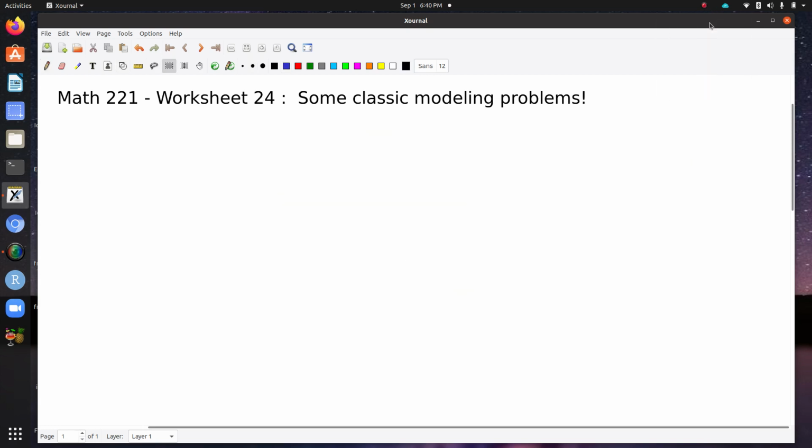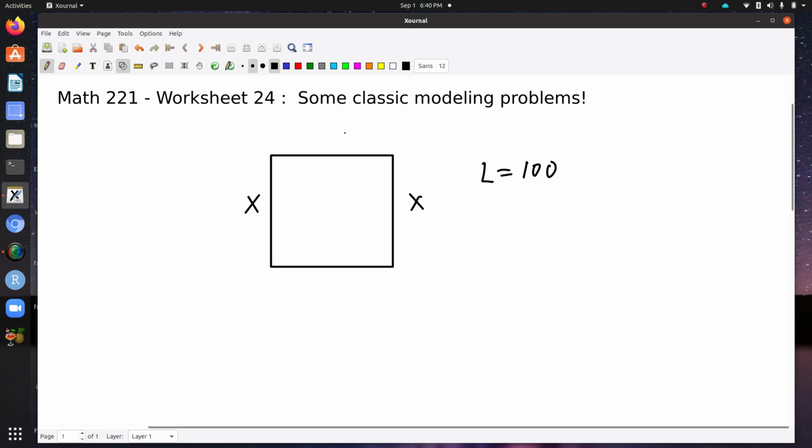Okay, another classic problem is if you just say, I'm going to use the same 100 or whatever length, in this case it's 100, and I'm going to make a whole rectangle. So what ends up happening, well, I'll show you. It happens the same every time. So the only thing that changes with this problem is he changed the length, and then the area is going to be xy, and we know that the length is 2x plus 2y.